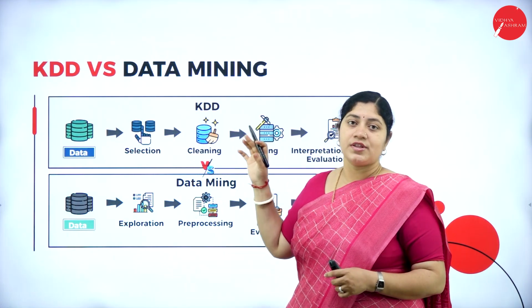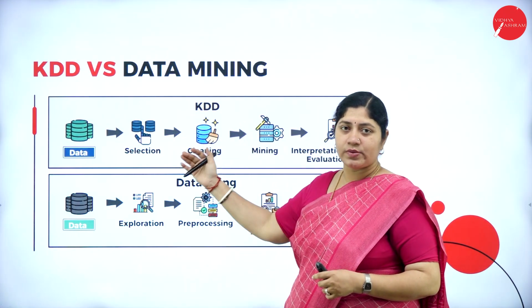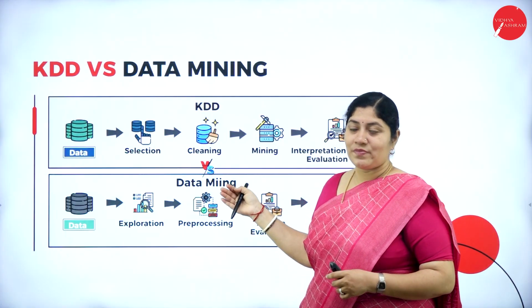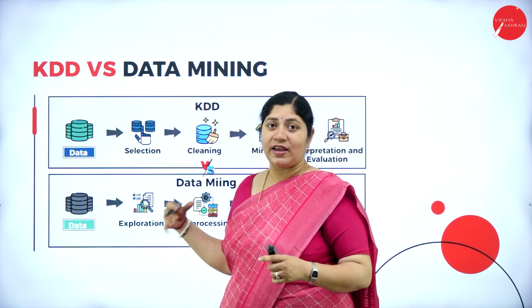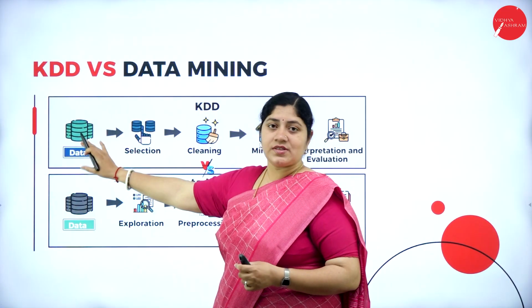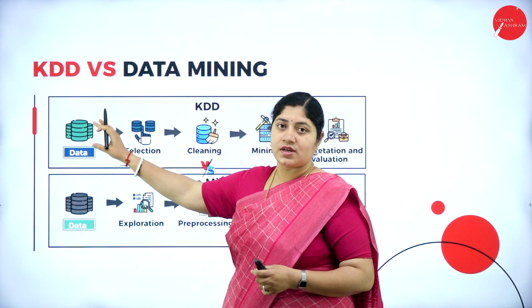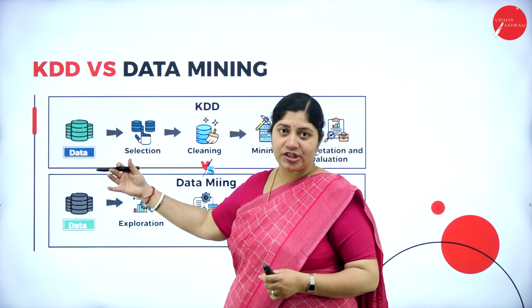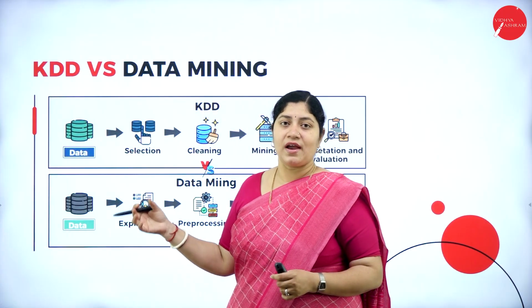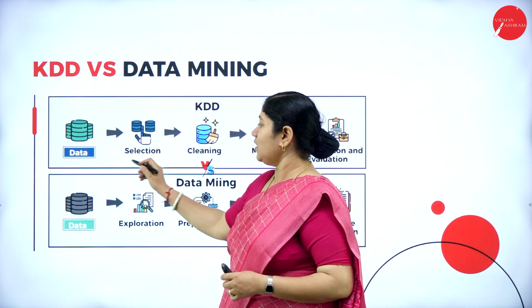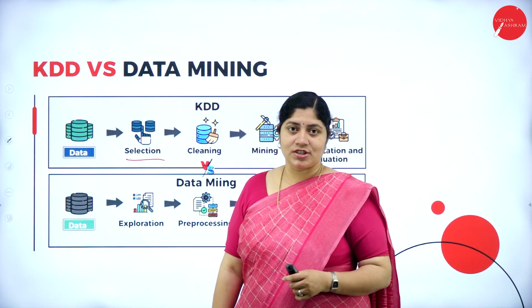Let's understand the difference between KDD and data mining using this pictorial form. KDD starts with a data warehouse, which is an integration of different information. From that, we only select the required patterns or information, which is the selection.